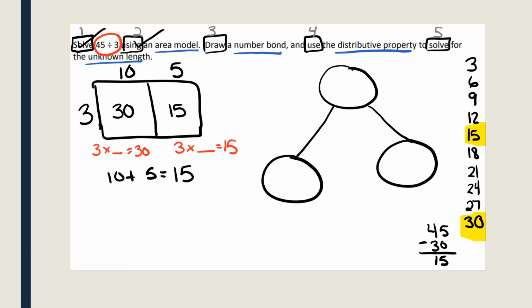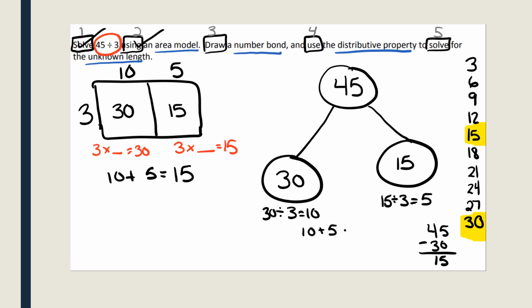My original number was 45, and I split it into 30 and 15. 30 divided by 3 was 10. 15 divided by 3 equals 5. And 10 plus 5 equals 15. So either way, we get a correct answer.